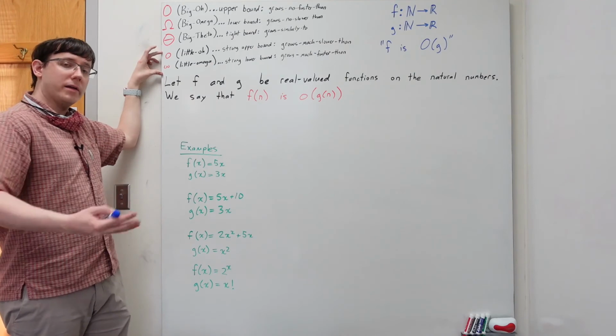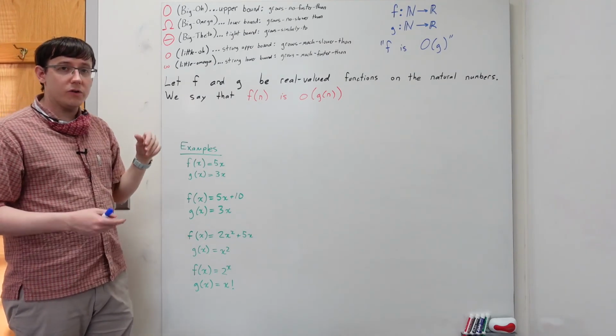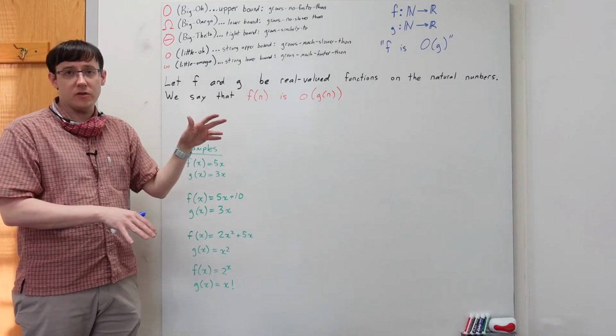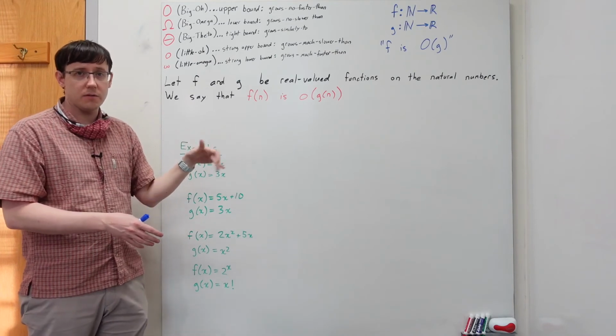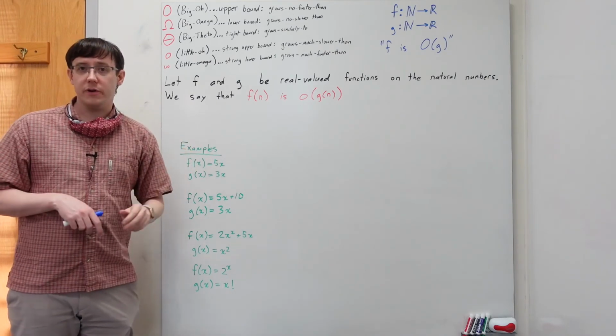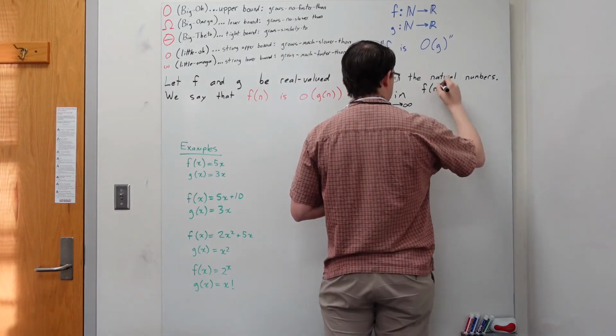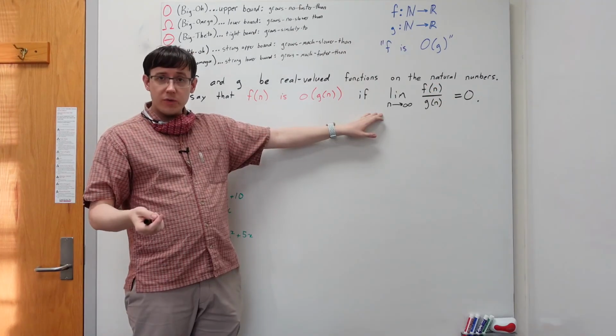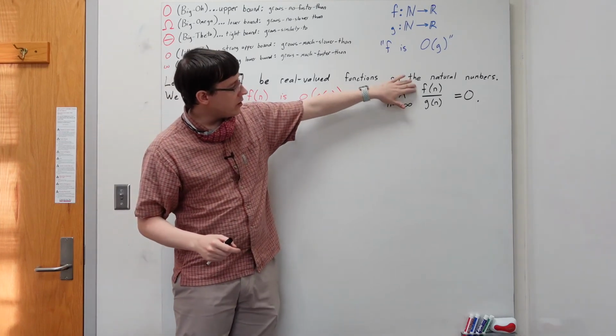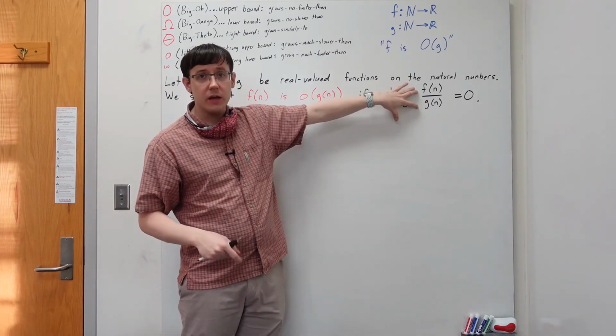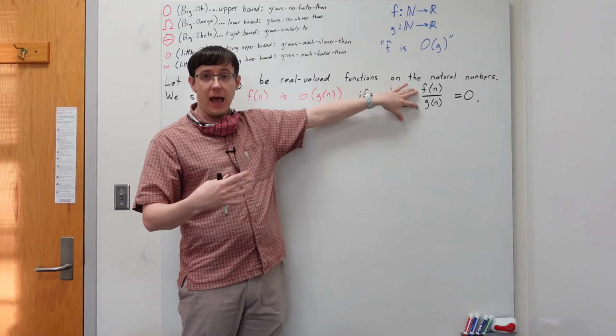For little o and little omega, we're trying to talk about stronger differences between the growth rate of functions. And so we need a slightly different type of definition. And we do that in terms of the ratio between f and g evaluated at a given n.